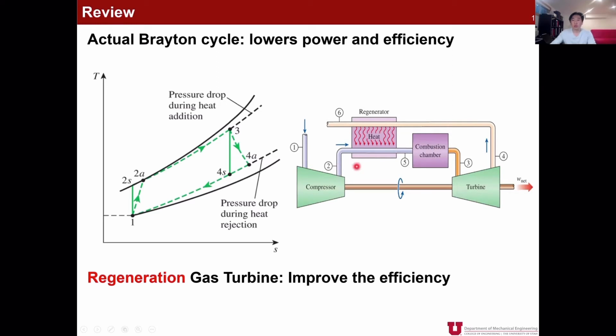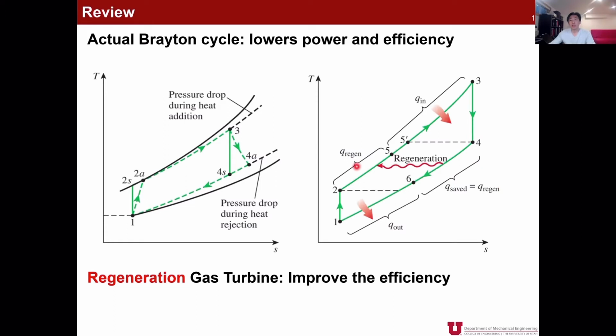As a result of this heat transfer in between, we can save a certain amount of heat by transferring the heat from the hot exhaust gas to the air side.